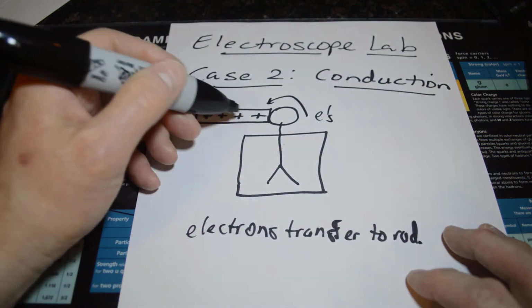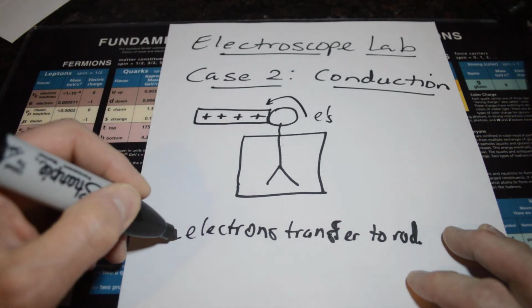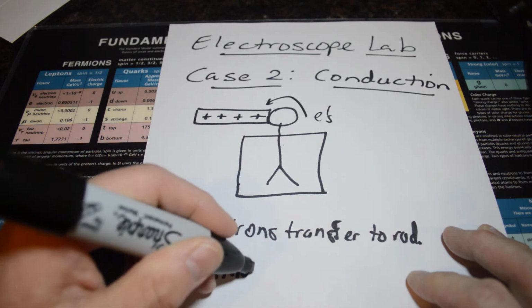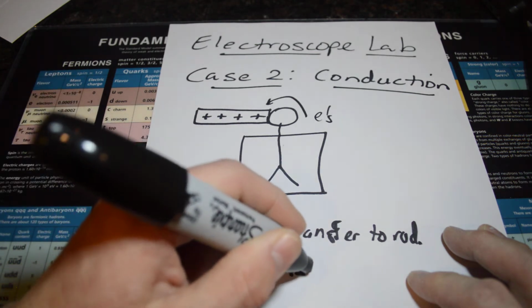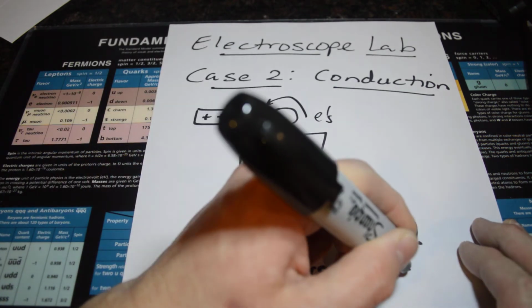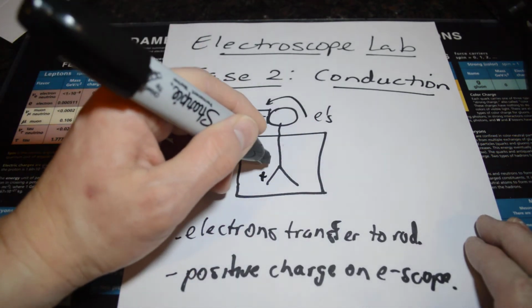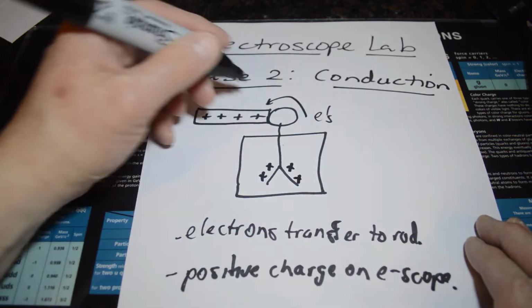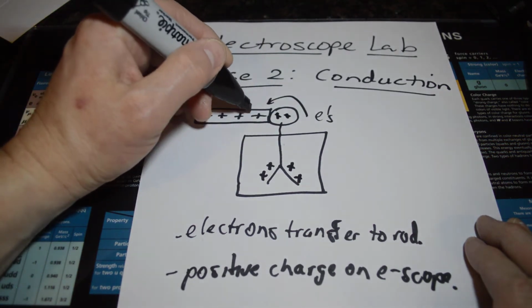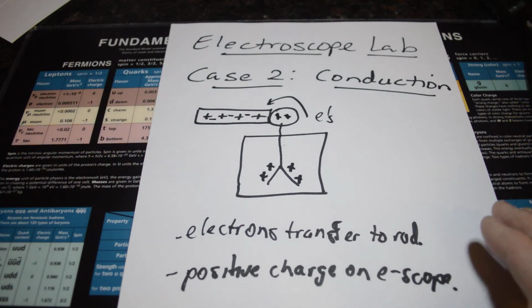It neutralizes some of the charges on the rod, thereby losing electrons, so there's more positive charge on the electroscope. So in that case, you would expect more positive charge to be there, on the knob as well, because now all of a sudden we have more negatives on the rod.